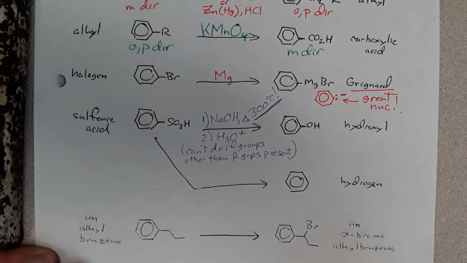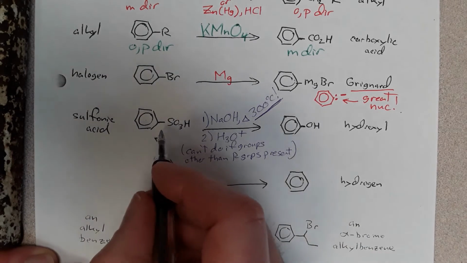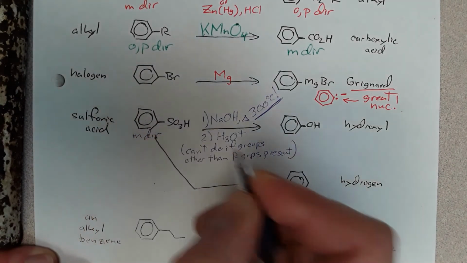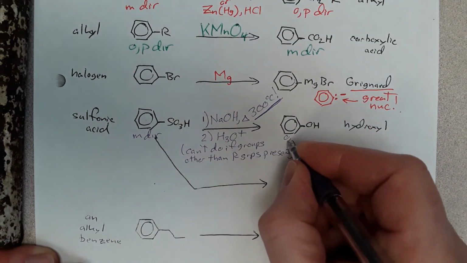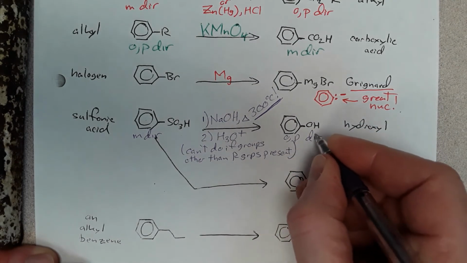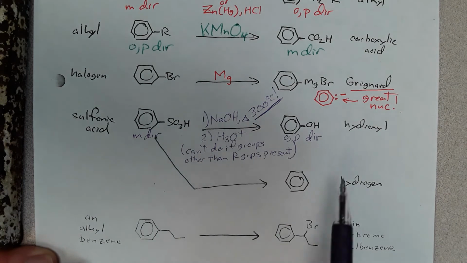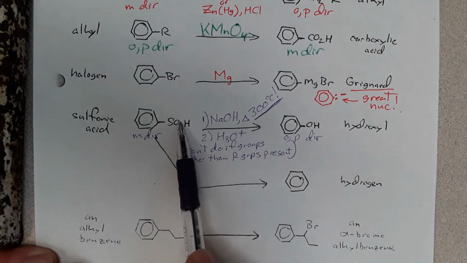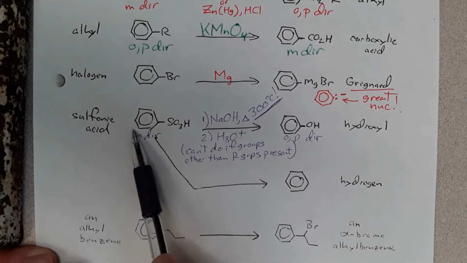And again, you can pay attention to the directing abilities here. We have a meta director to start with, and then we end up having an ortho-para director. So if you pay attention in your synthesis, if you need something that's meta to this group in the final product, then make sure you direct it there before you do the conversion.